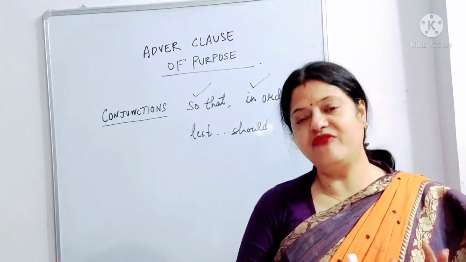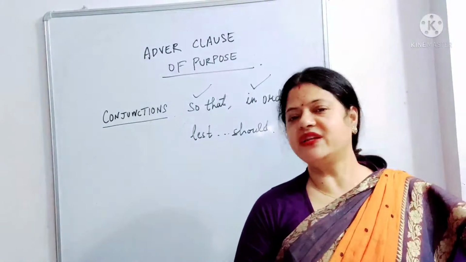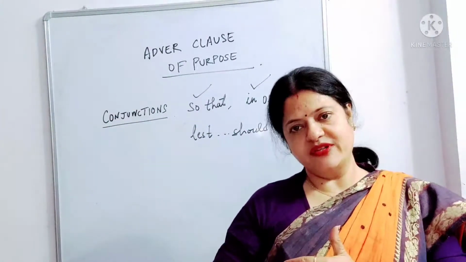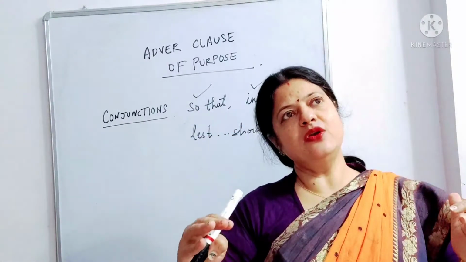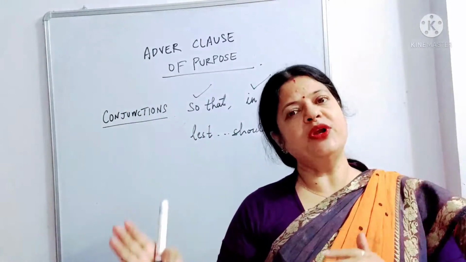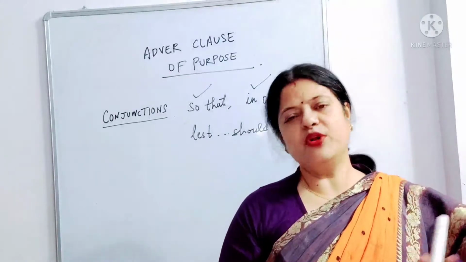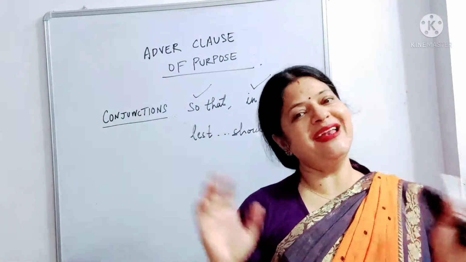So first of all, we'll find out how it works. Now the subordinate clause can be put in the starting of a sentence or at the end of a sentence. If we are putting the subordinate clause first and then the principal clause, then after the subordinate clause we need to put a comma. But if we are putting the principal clause at the starting of a sentence, we don't need to put any comma. Okay.